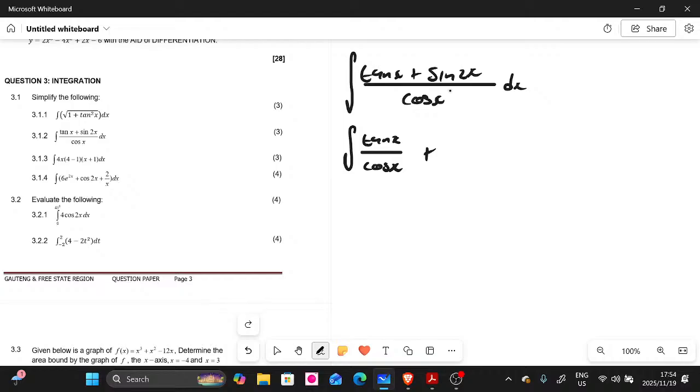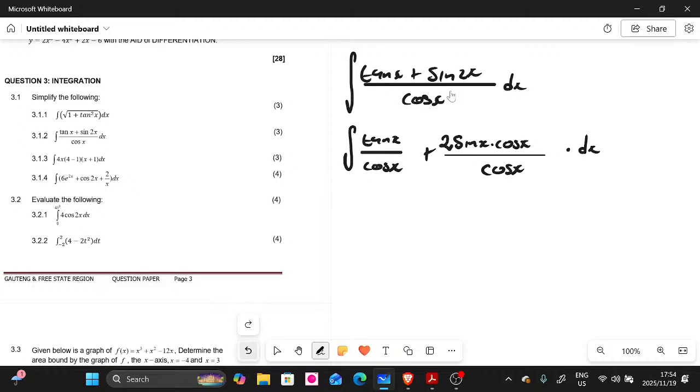Remember, the double angle identity for sine 2x is 2 sine x multiplied by cos x, also divided by cos x, then multiplied by dx. Because the line is solid, you are able to do what we did here, as long as these two terms are divided by the same cos, as you can see.